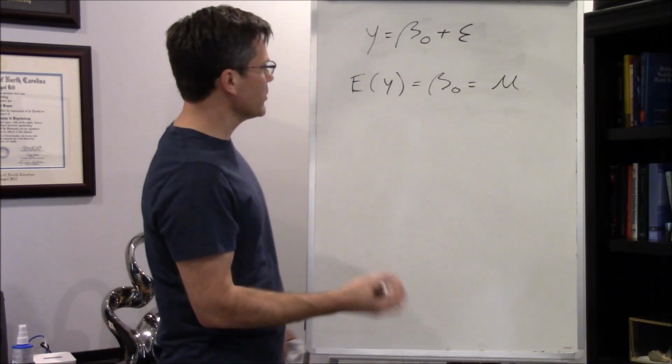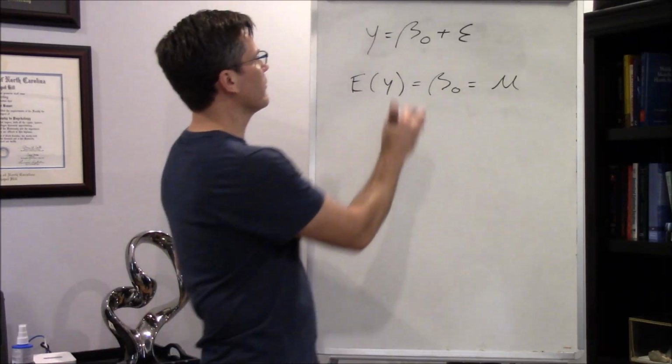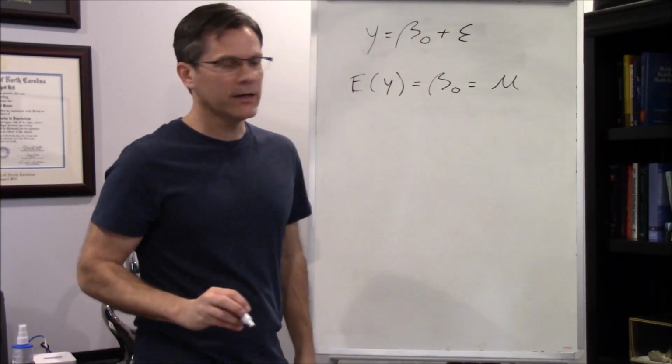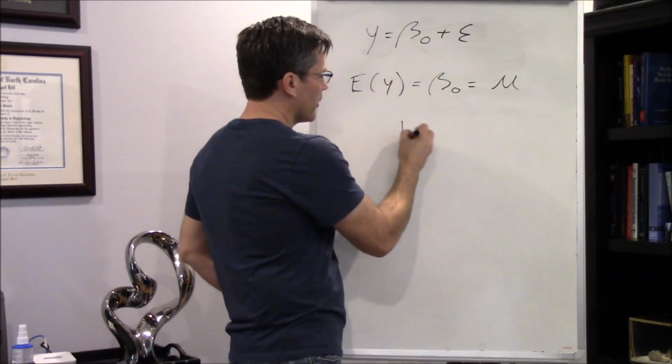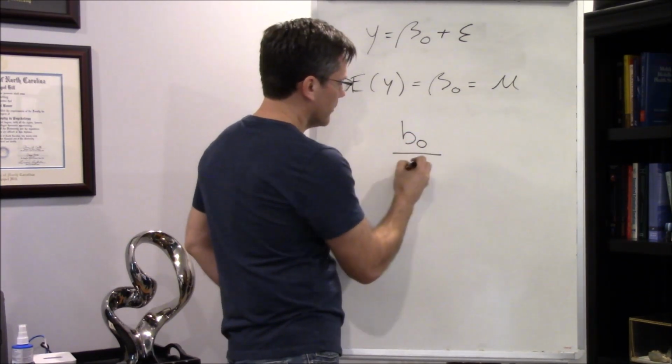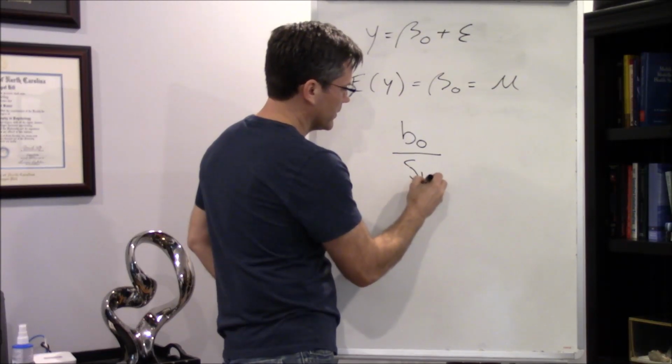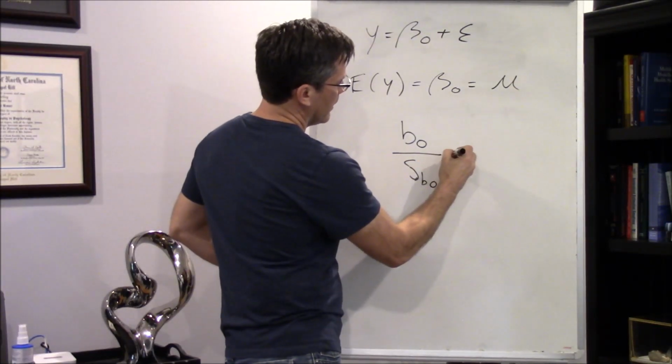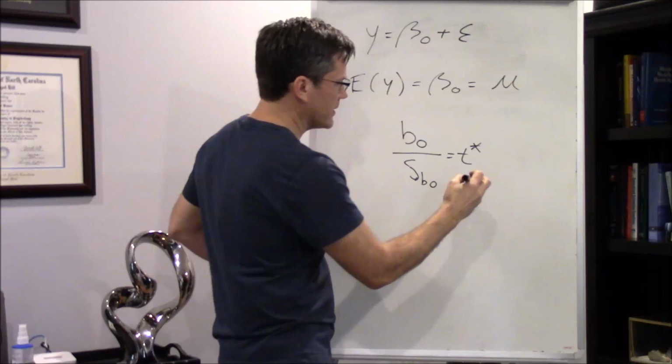So in our regression model, we could stipulate a model where we have only an intercept parameter, beta naught, and we would get an estimate B0 and a standard error for B0, and that would give a t statistic.